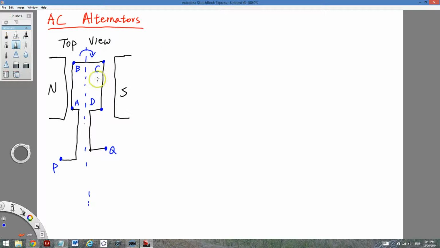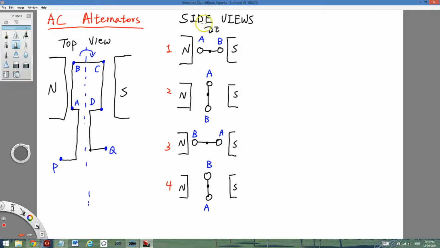Let me draw some side views so I can explain what's happening. Here are the side views. As the shaft rotates clockwise, you see in the side view how this coil rotates. It looks like this.